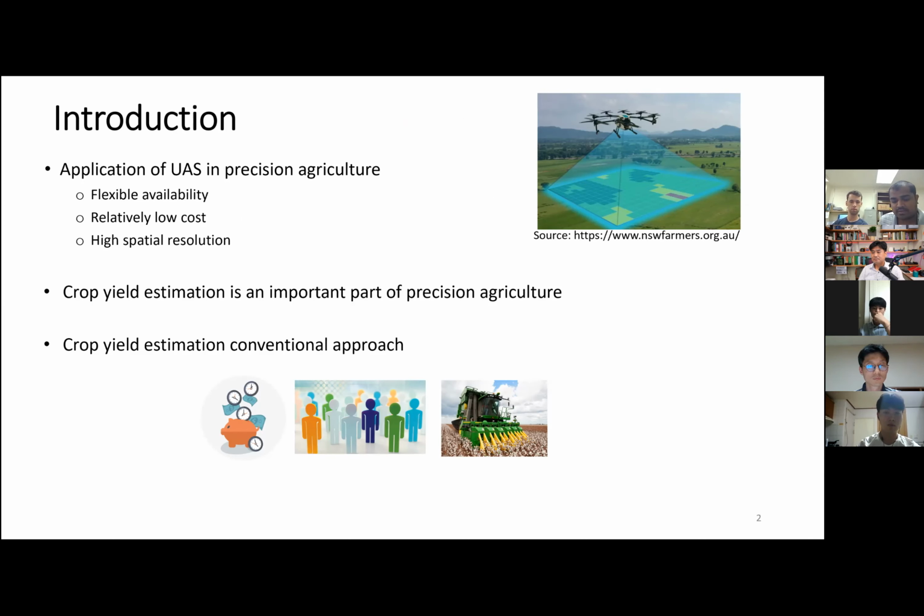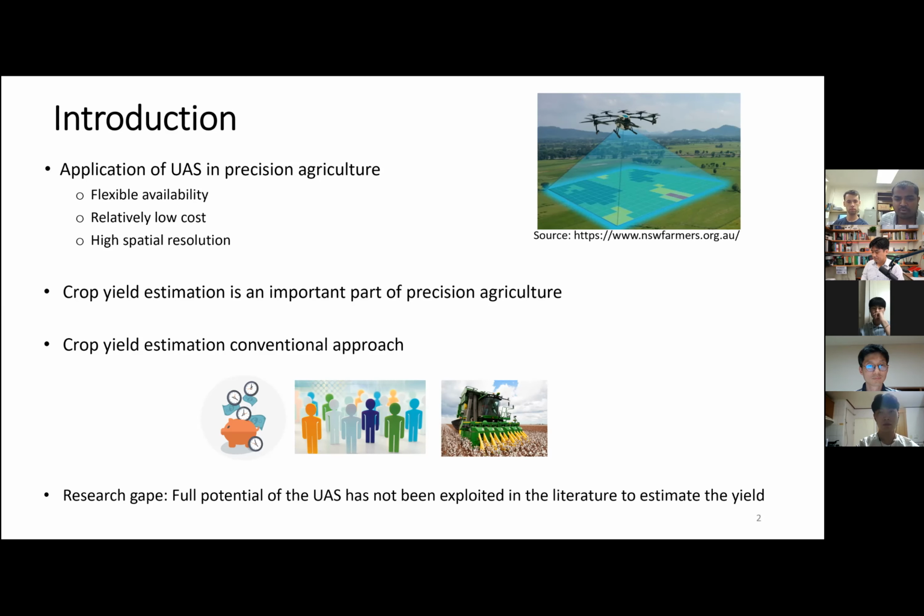A lot of research has been done in the area of UAS based plant phenotypes being used for crop yield prediction. But unfortunately, the full potential of UAS has not been exploited in the literature to estimate the yield.